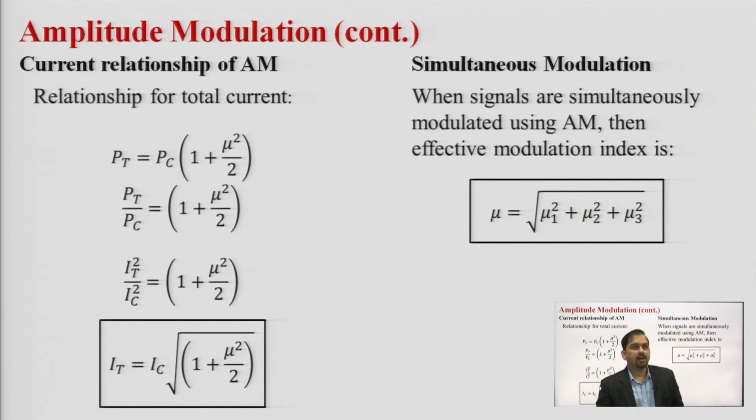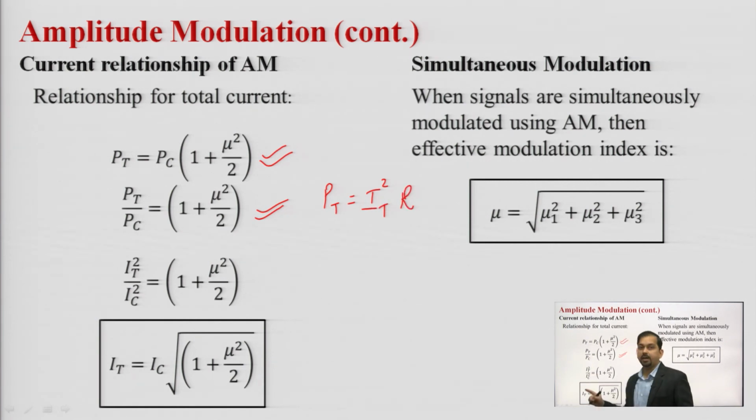So, now we have the current relationship of AM. As we have seen the relationship for power, PT equals PC times 1 plus mu square by 2. So, if we have PT by PC, we will have something like this, and PT is, let us say, I square R. Instead of PT, if we normalize this relationship, then PT is nothing but IT square.